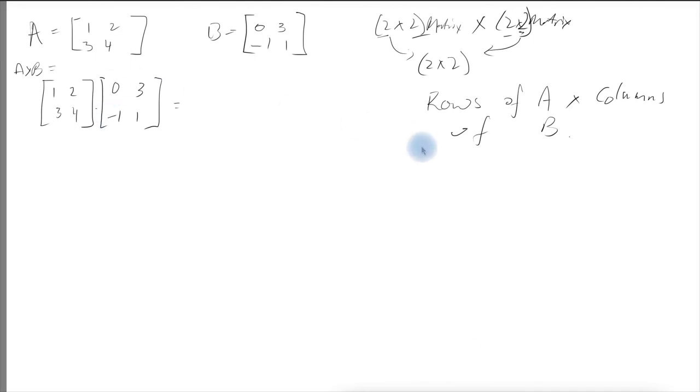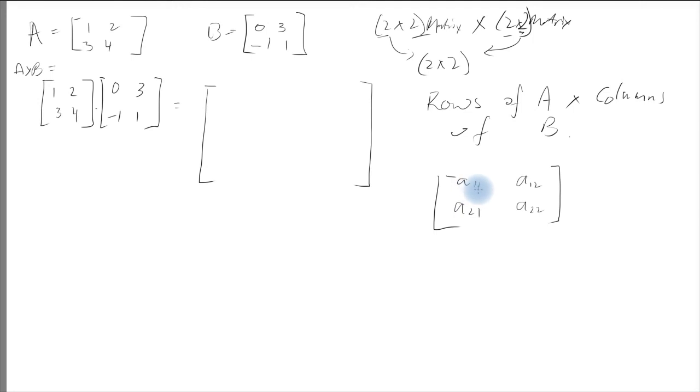So the solution is obviously going to be a 2 by 2 matrix, so it's going to have elements A11, A12, A21, and A22. So let's answer.